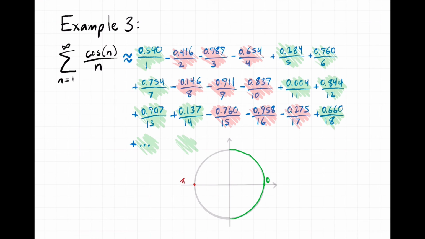Here's pi. Approximately, but not exactly, 3.14. We could, of course, expand that more. But any angle that lands us anywhere along this part of the curve will give us a negative result for the cosine, right? So I want to work out where 1 radian is, but first I want to figure out where 3 radians is. So 3.14 radians is exactly over here on the negative x-axis.